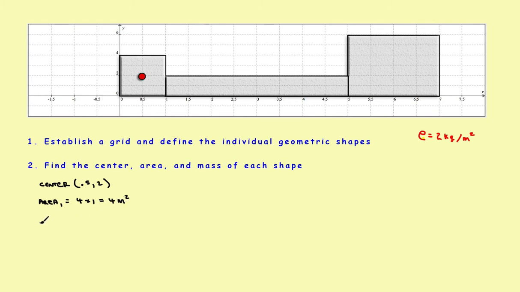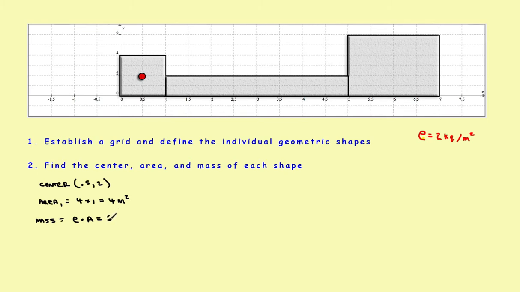Now the next thing you want is the equivalent mass of this thing. So if you were going to reduce this rectangle to a point mass, what would be the mass associated with it? The mass of this rectangle is just the density times the area. The density, for all this, is 2 kilograms per square meter, and the area is 4 square meters.